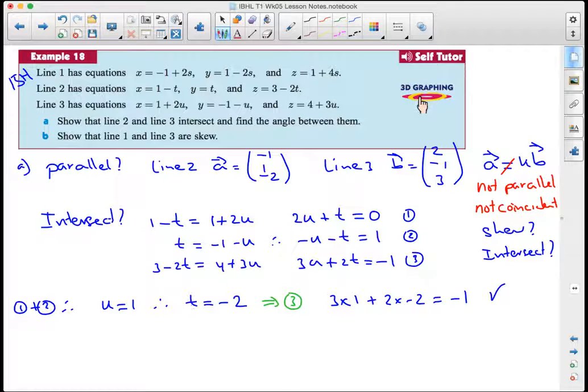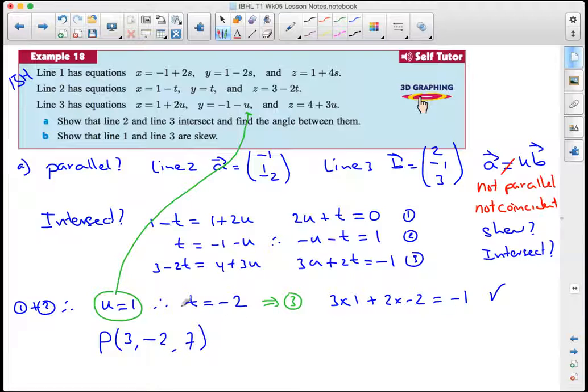The point of intersection can easily be found. You can just put in your u in line 3, right here, and you'll get your point of intersection. Starting here, of course, u is 1, 1 plus 2 is 3. -1 take 1 is -2, and 4 plus 3 is 7.